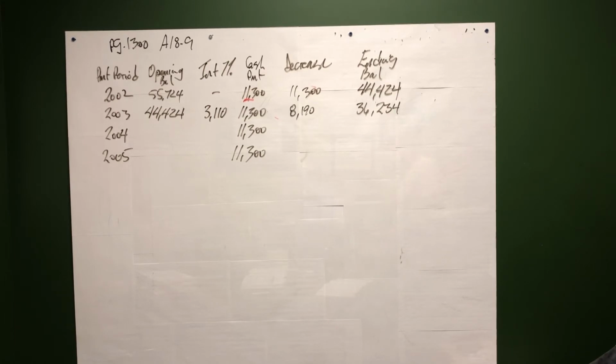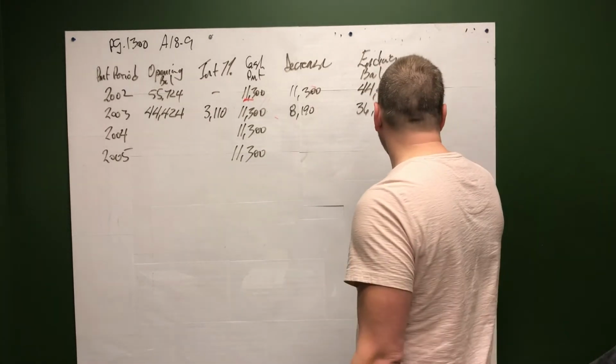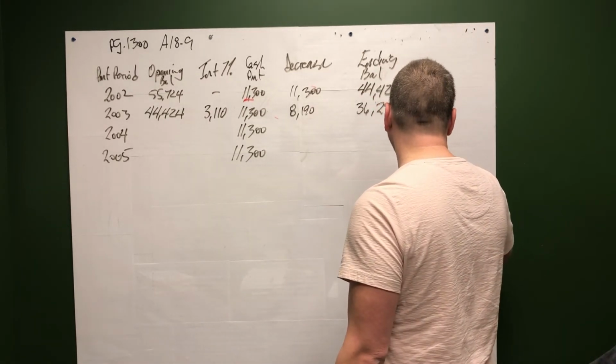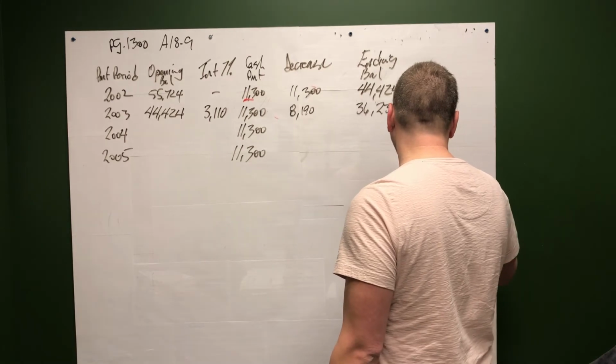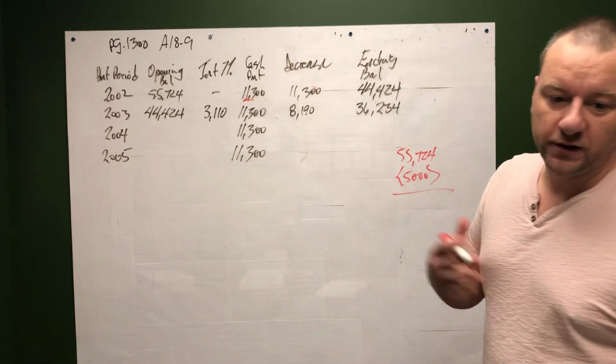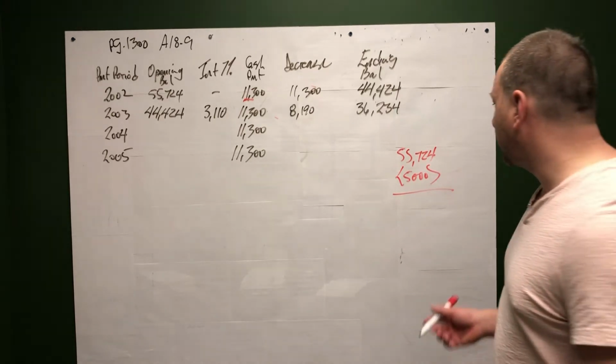We would have recorded our depreciation. In this case, the depreciation is going to be 55,724 divided by 9 years. Now, there is a residual value, so I made a mistake. 55,724 minus $5,000, because you don't include the residual value in your calculation.